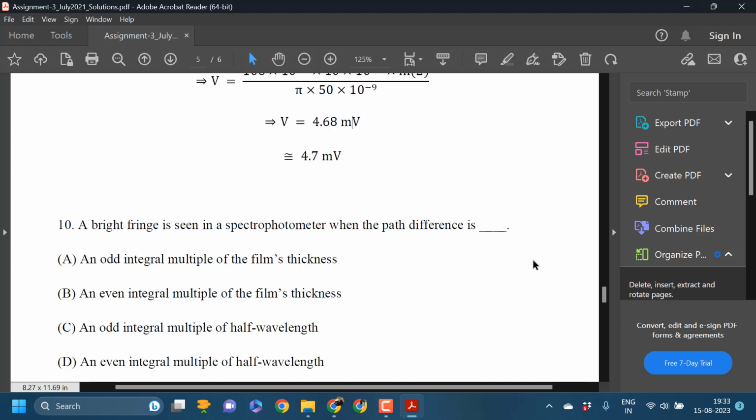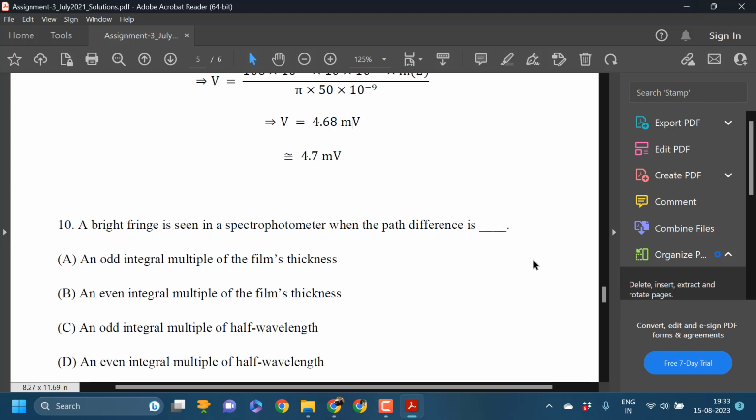We are asking about constructive interference. A bright fringe happens when constructive interference happens, right? So what will be the condition for constructive interference? Will it be an odd integral multiple of half wavelength or an even integral multiple of half wavelength? Yeah, it will be the even integral.